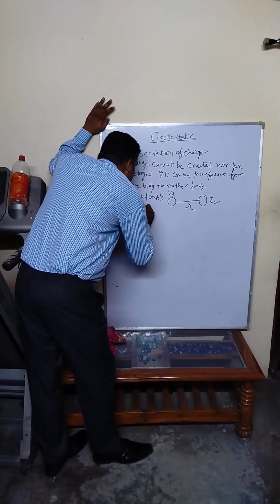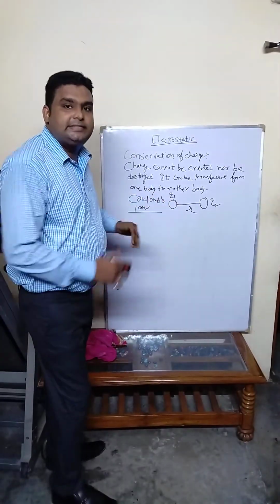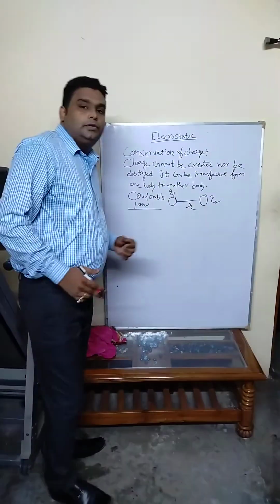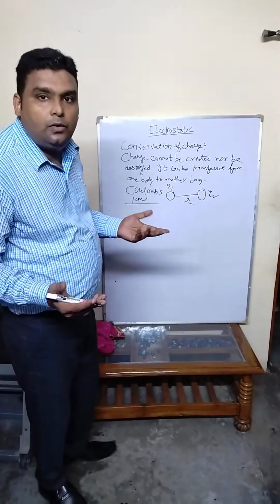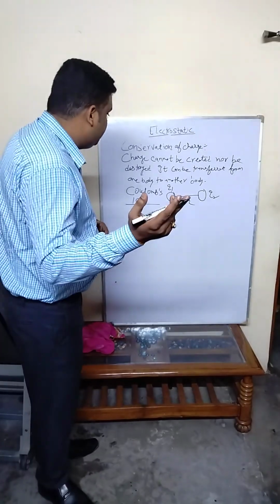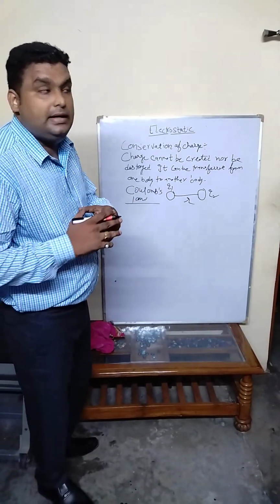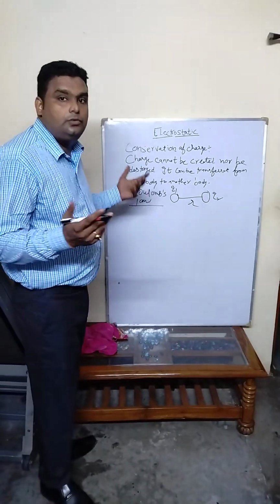So these are two charges separated by a distance r. Now we want to find out what is the force between these two charges. So for that, Coulomb formulated a law that is called Coulomb's law.